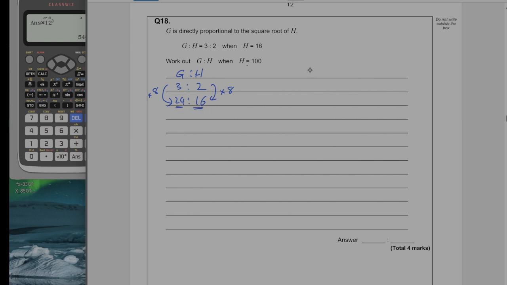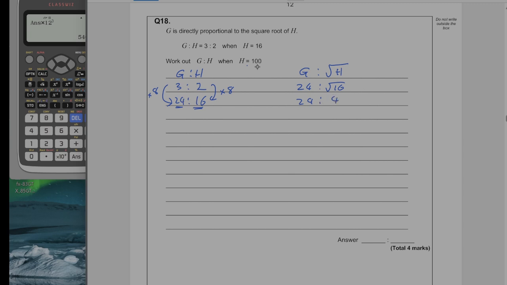Now, I'm going to keep the ratio method for direct proportion. If you're not happy with that, you can use the equation of proportionality with this as your initial value. So G is directly proportional to root h. If I put these two values in, I've got 24 to the square root of 16, which is 4, so 24 to 4. Right, these numbers are now proportional.